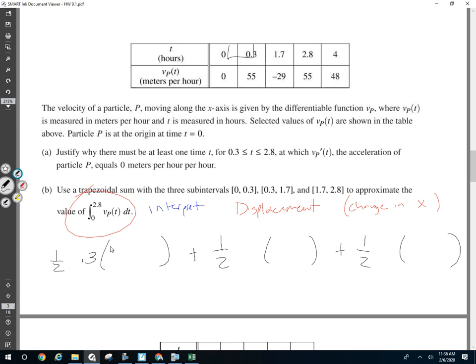I do a good job in your notes of questions. So 1/2 times 0.3, this is 0 plus 55. This is 1/2 times 1.4 from 55 and negative 29. The last one is, sorry, it's not 0.9, it's 1.1. That's the base length, negative 29 and 55.